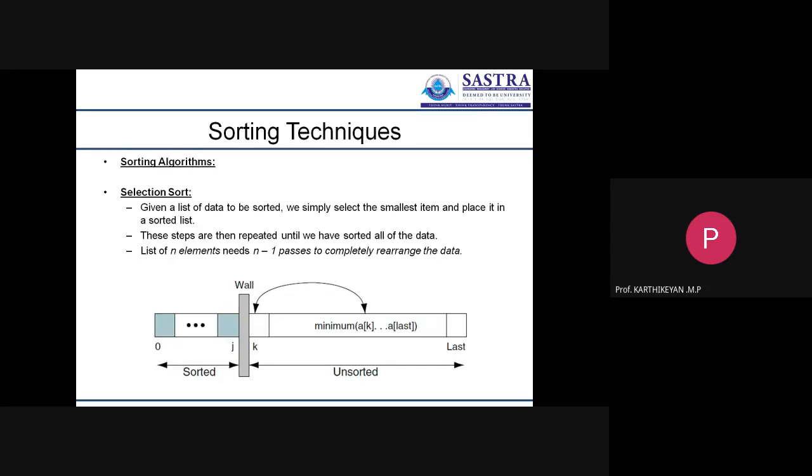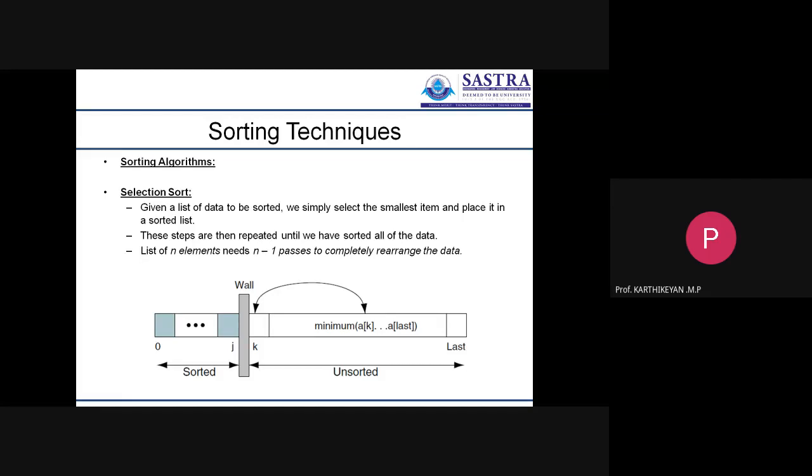Now we start the comparison from the second element onwards. From the second to the last element, we select the next smallest value and exchange it with the second element. We repeat this for all n values. So this is selection sort.